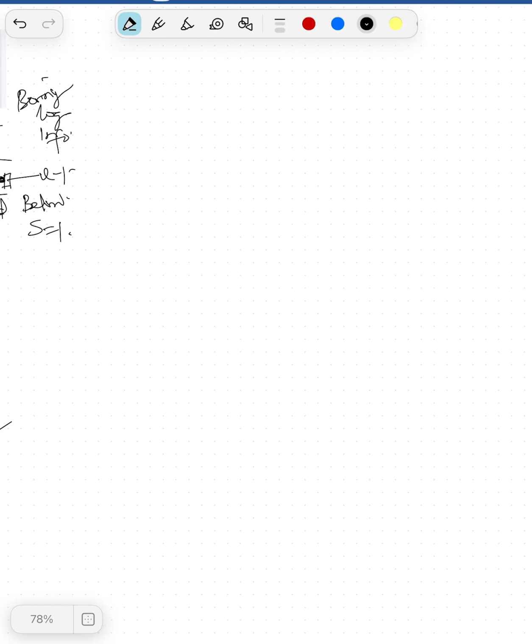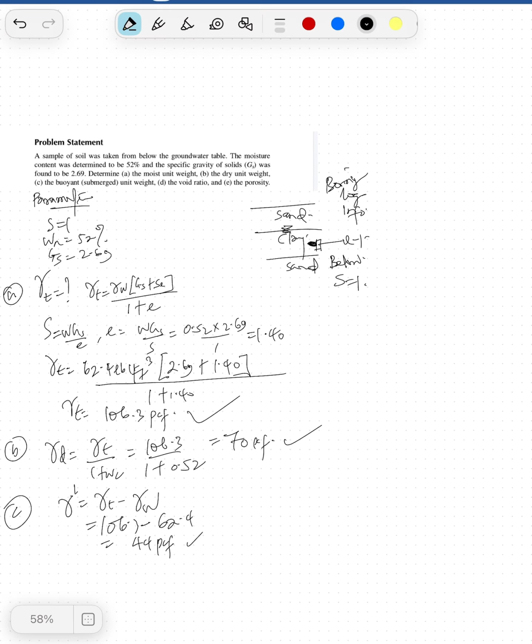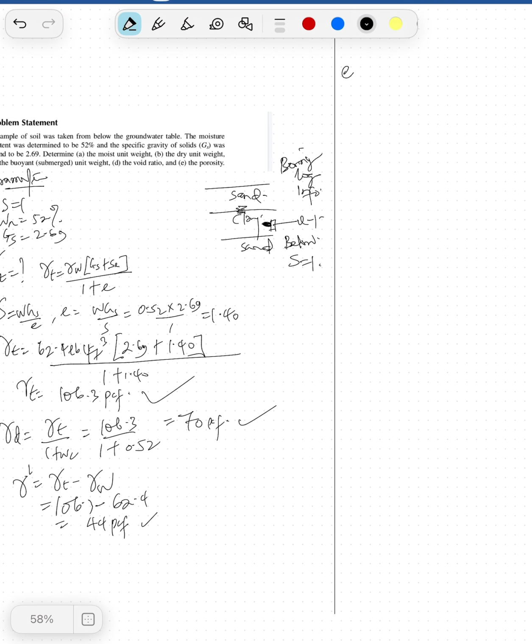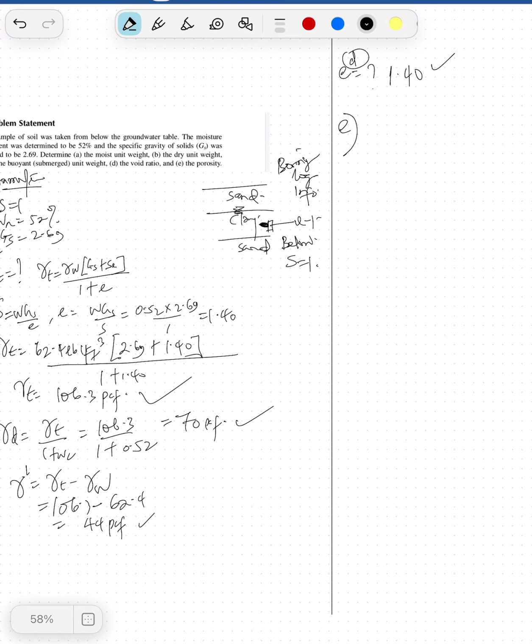Next, based on the question, we are asked to find the void ratio e. How do we find e? We already found e to be 1.40. That is question D. And question E, porosity, is e over 1 plus e. We already established how we get this. We know that void ratio is volume of void over volume of solid.